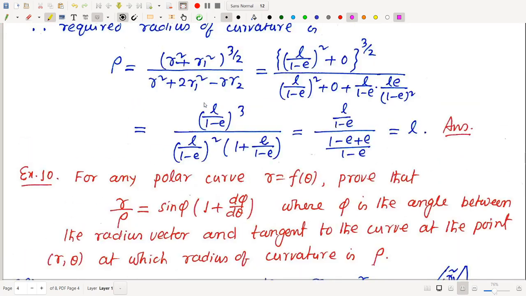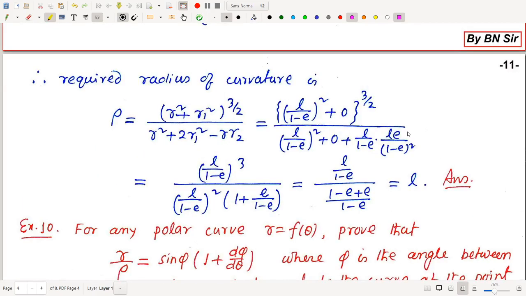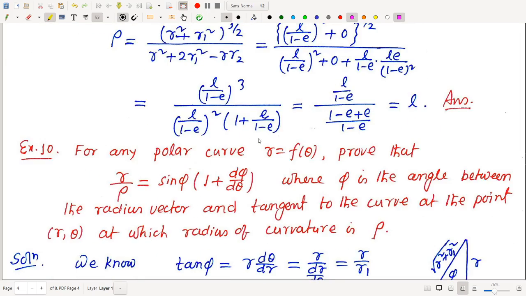Now this is (L by 1 minus e) square, to the power 3 by 2 means cube, L by 1 minus e common, here 1, here e by L, L square, so (L by 1 minus e) square you have taken common, so it is 1 plus e by 1 minus e. If we take LCM, it is 1 minus e plus e by 1 minus e, means 1 by 1 minus e, so this 1 minus e gets cancelled, the final answer is L. So the radius of curvature is L at the point theta equal to pi.